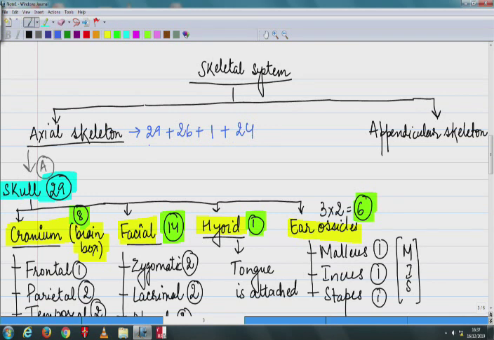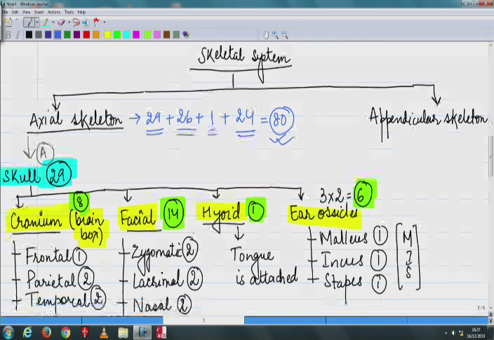So let's calculate: 29 and 1 is 30, 26 makes 56, 24 makes 80. So in total your axial skeletal system has 80 bones, which comprises the axis of the body.